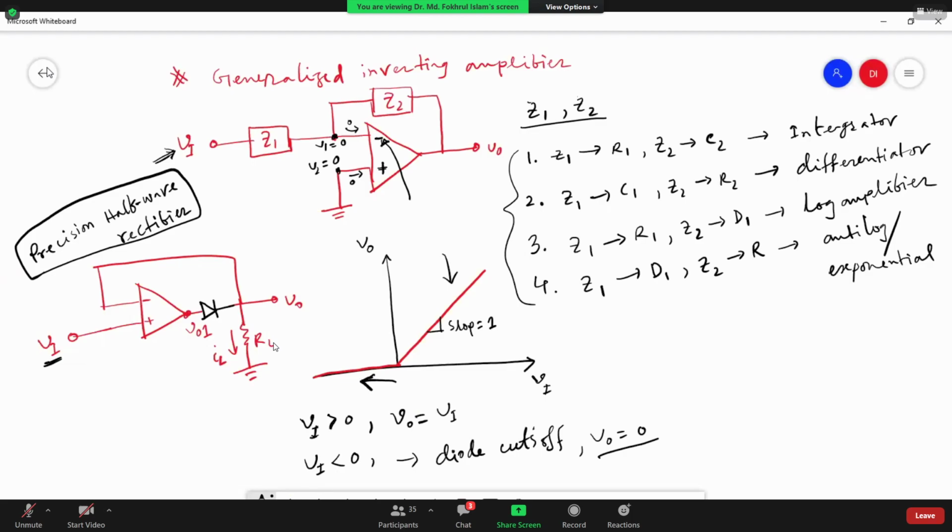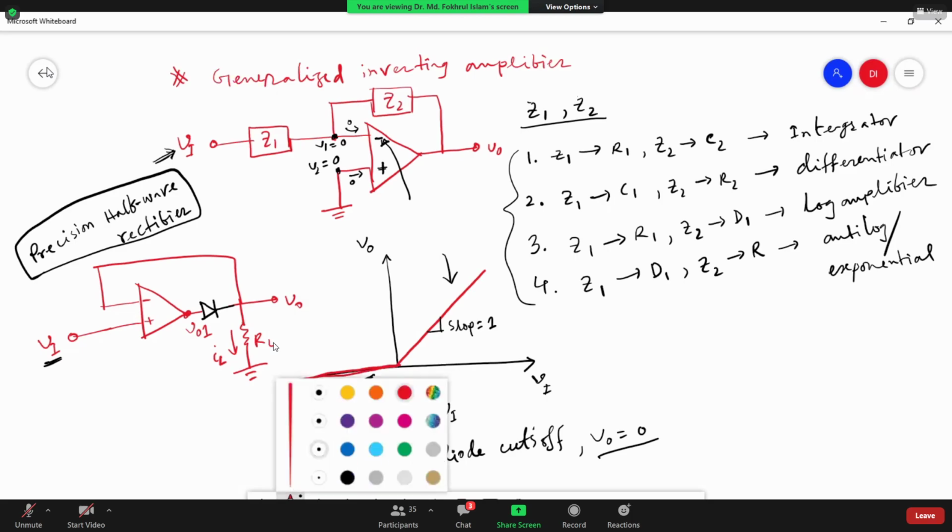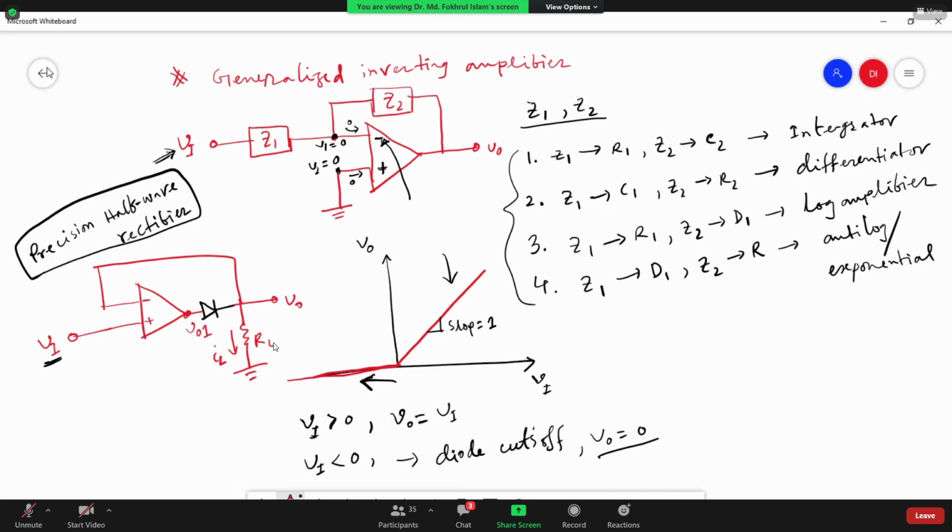Negative current does not flow through the diode, so it will be cut off and behave like an open circuit. That's why for the negative Vi, the output is always 0 here. And surprisingly, you see here, even for a very small value of Vi it is still rectifying, you know. So it's a very precise half wave rectifier, this one.